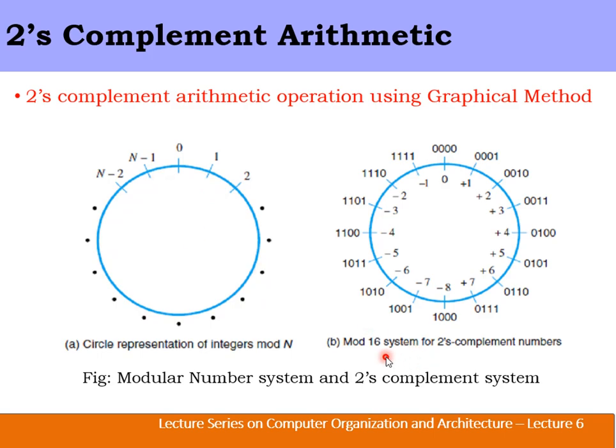Similarly, if I consider a mod 16 system, then we will have a total of 16 combinations, starting from 4 zeros and the last number being 4 ones. Inside the circle we have written the 2's complement numbers that fall within the range of mod 16. It starts from 0 and reaches up to plus 7, and the next numbers are from minus 8, 7, 6 up to minus 1. So these are the 16 values in case of mod 16. So this is regarding the graphical method.